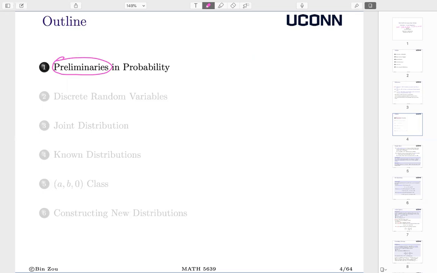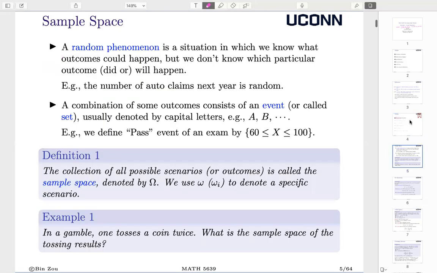Give yourself some time to digest, and if in the end things still don't look right to you, it's okay to go on, because we really don't need everything from section 1. It's just me trying to be slightly more complete and more accurate in terms of probability. So I give you an overview at a little higher level.